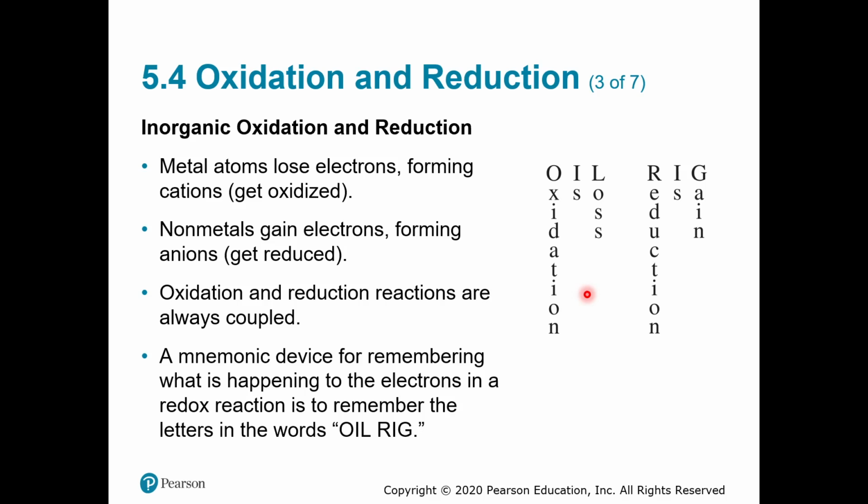Just as a side note, because people remember the acronym, then they forget what it means, which means it doesn't help at all, right? So anyways, OIL RIG is going to be oxidation is loss. Oxidation is loss of an electron, right? RIG then is reduction is gain. You are gaining electrons. Anybody have any questions there?